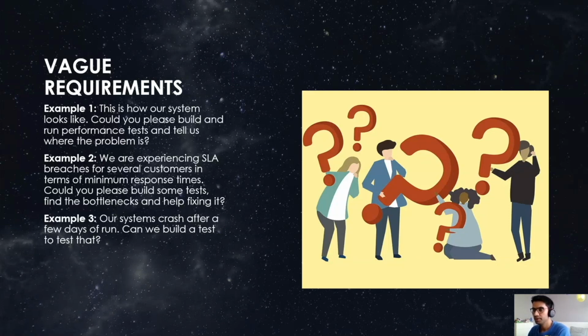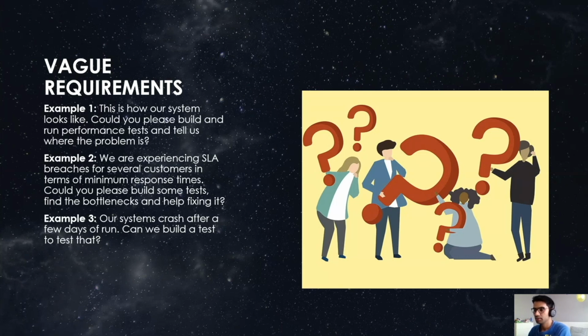This is not a defined requirement, and you will end up designing a test or a solution which is doing some performance test, but it's not what is going to benefit our customers or the product decision making, things like that. Another one could be a bit more defined. For example, we are experiencing SLA breaches for several customers. This happened to me very recently as well.